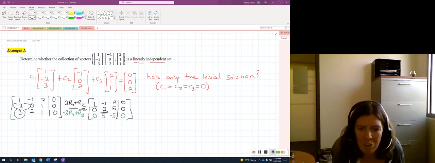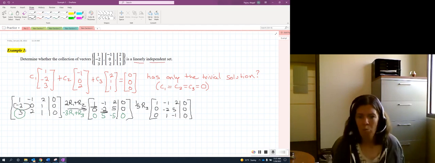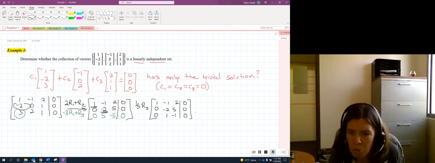So I'm going to continue to work with row 3 and do 1/5 times row 3 and see what I can do. I don't really want to do negative 1/2 times row 2 right now; I'm just seeing if I can avoid that. So 1/5 times row 3 will give me 0, 1, negative 1, 0 in row 3.